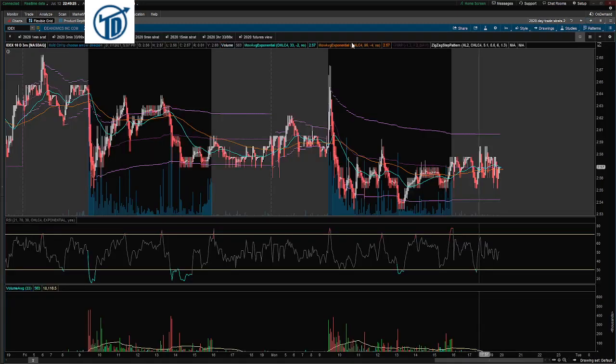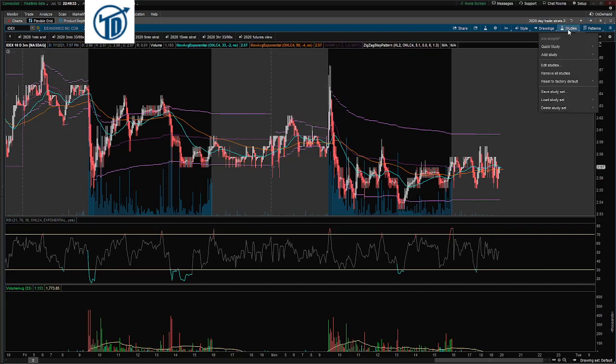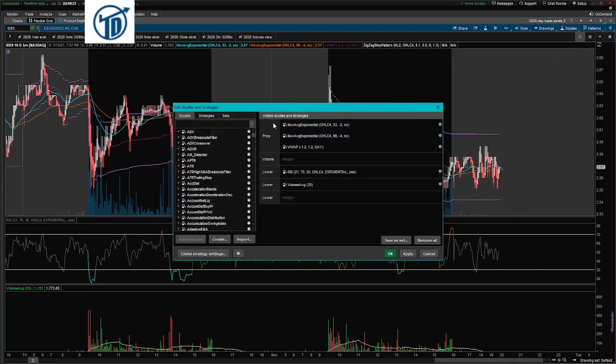Let's just go into the 3-minute. This is more like for day trading. Go right here where it says studies, edit studies, and it shows you the studies that are there. I have one 33-period moving average. I do the open, the high, the low, and the close divided by 4.